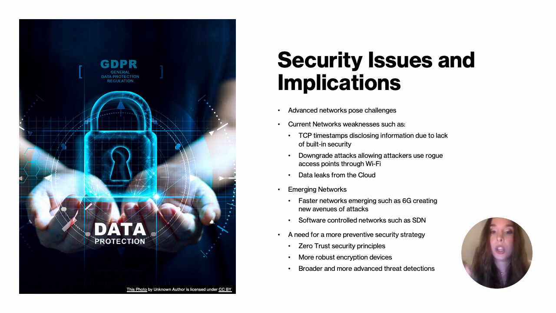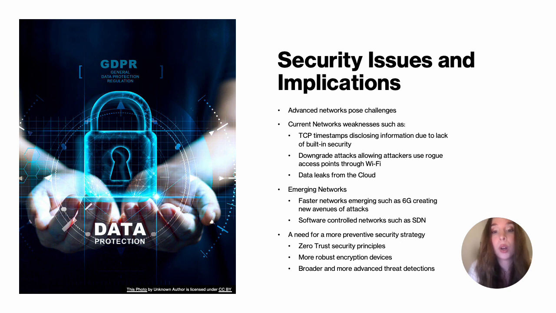Another one is software-controlled networking, such as SDN. These technologies let networks be managed by software, and this allows the possibility for hackers to come in, and if they're able to control the whole thing, they would be able to control the entire network, which can be really detrimental to the system and to the organization as a whole.